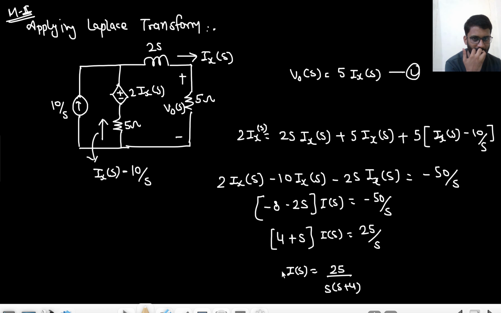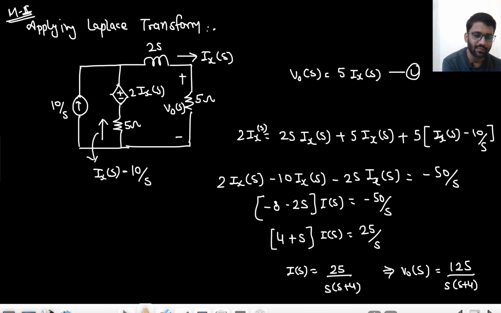Yeah, right. And what would be V naught S? So simply V naught S would be 25 into 5, 125, 125 by S upon S plus 4. What is 125 by 4? It is 31.25.